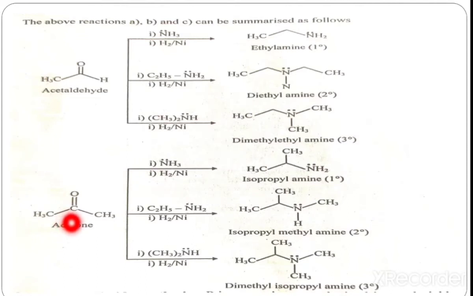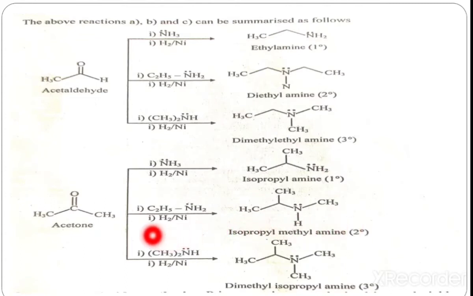Now next, if we take the ketone, here the acetone, CH3 C double bond O CH3, that means this is acetone. Again the same, acetone on treatment with ammonia, then in the presence of H2 in presence of nickel, we get the primary amine. And if we treat the acetone with primary amine, then H2 in presence of nickel, here we get the isopropyl methyl amine.